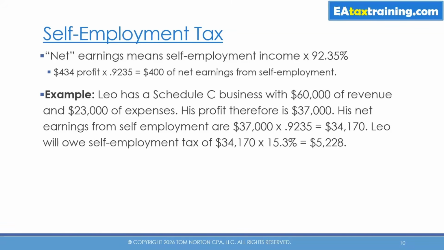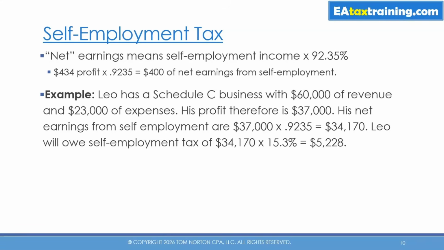His net earnings from self-employment, though, are $37,000 times 0.9235, which is $34,170. So he will owe self-employment tax of $34,170 times 15.3%, which is $5,228.